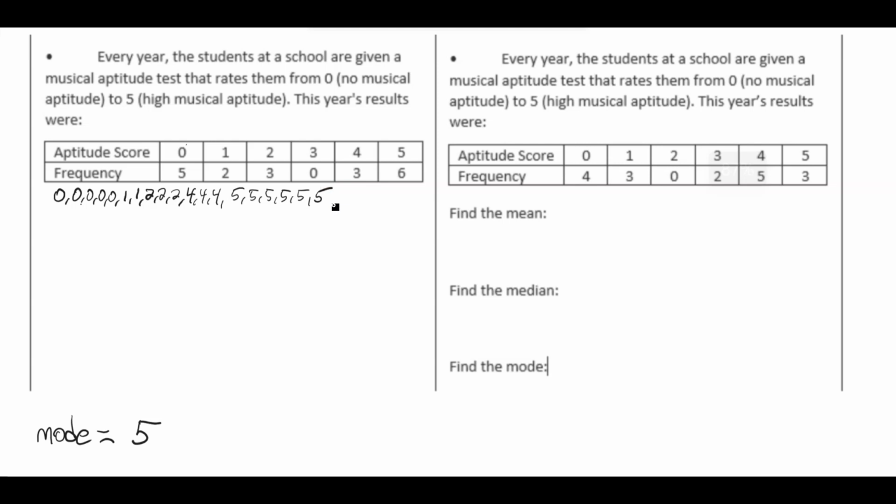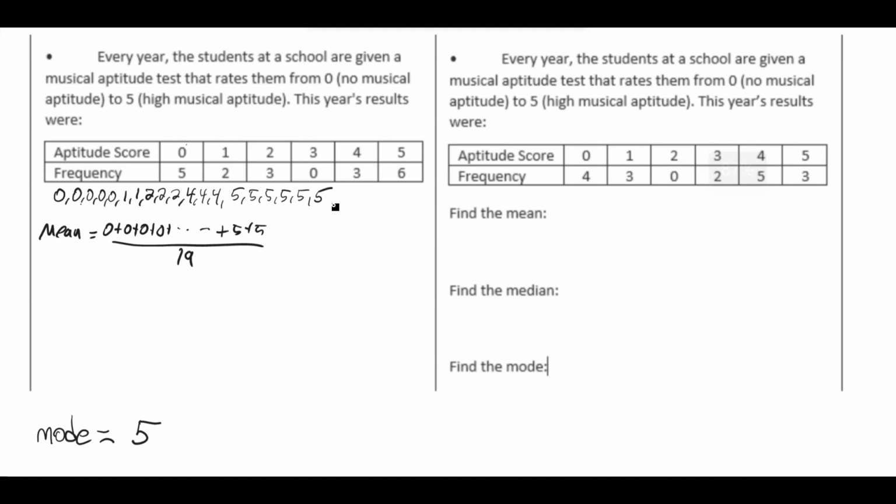So our mean will have a divide by 19 on it. For our mean, we can add them all up and divide by 19.